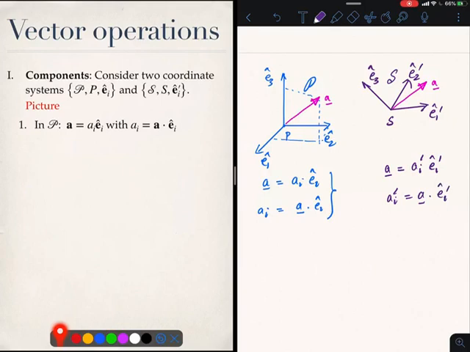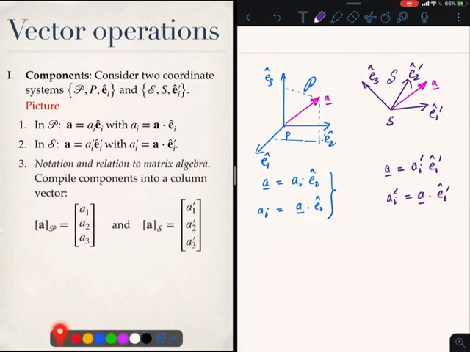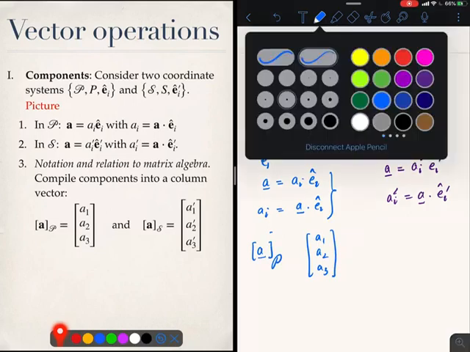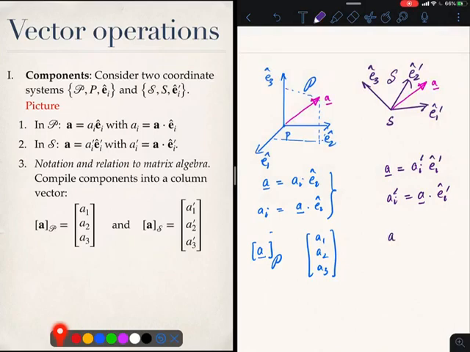Okay, that's kind of clear. Now what we could do on this side is compile these components in a column vector. So I could compile them like this: A1, A2, A3, and these I would call the components of A in the P coordinate system. At the same time, I could do the same game over here. I could say the components of A in the S coordinate system are A1 prime, A2 prime, A3 prime.